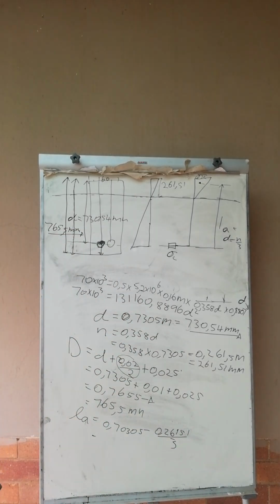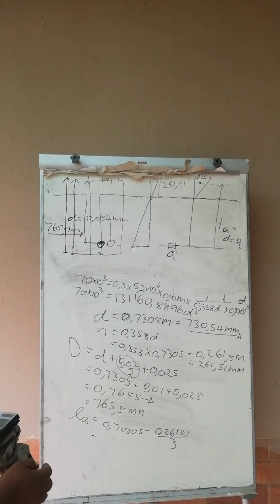So it is 0.70305 minus, open brackets, 0.26151 divided by 3, closing brackets.